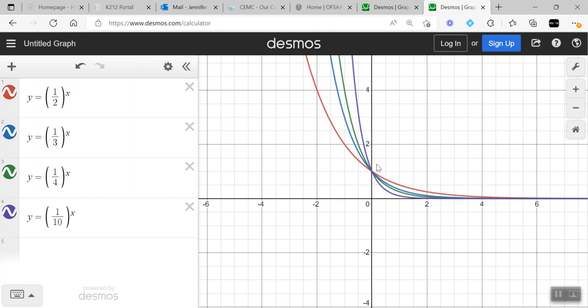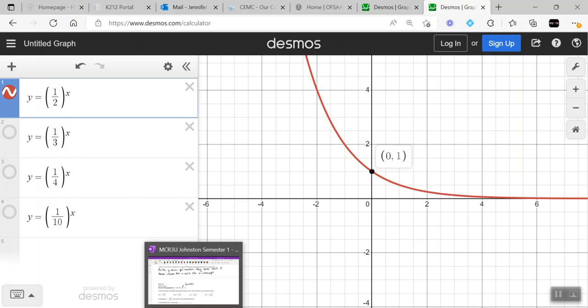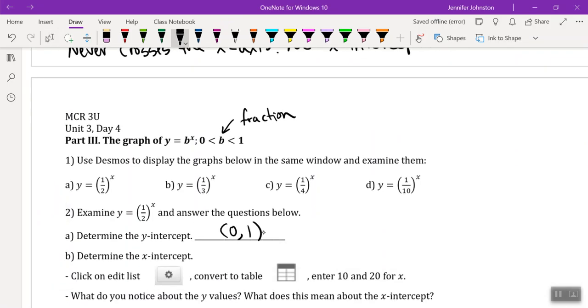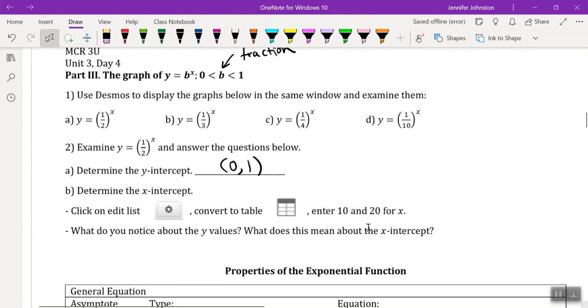Let's talk about some of these similarities here. So just looking at 1 over 2 to the power of x, we can see that we have a y-intercept of 0, 1. And again, determining the x-intercept, if you went and scrolled in or looked at the values of x between 10 and 20, we're going to notice the same thing as the y values decrease, or the y value is getting closer to 0.